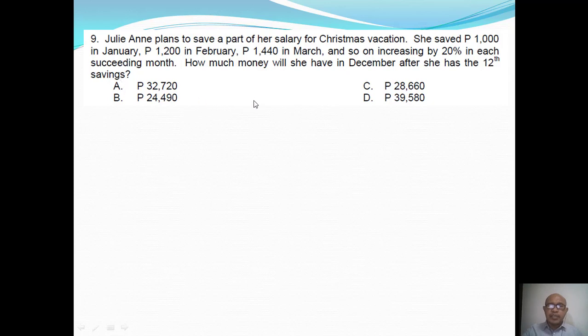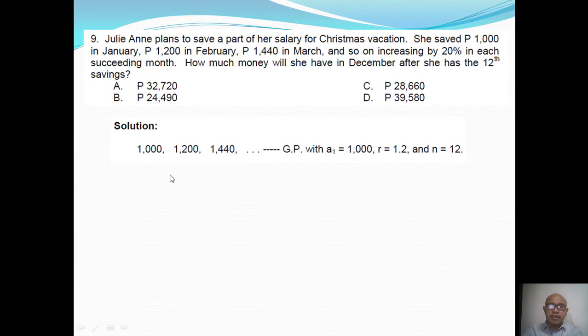As you notice, the amount saved by Julianne is increasing by 20% each month. So these values, 1,000, 1,200, 1,440, form a geometric progression with the first term equal to 1,000 and the common ratio is 1.2. And since we have from January to December, n is equal to 12.